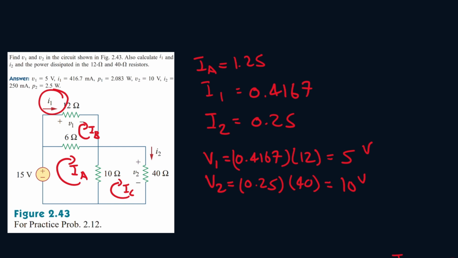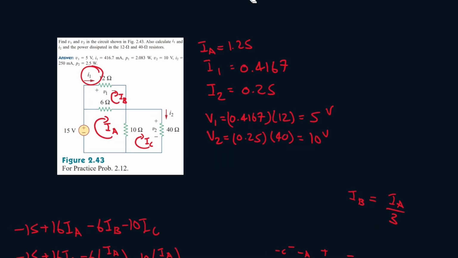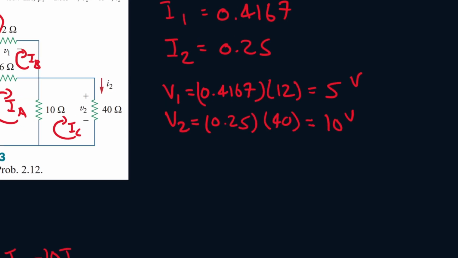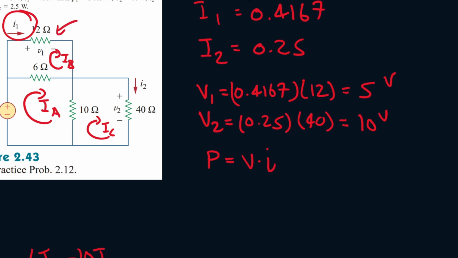Okay? Now we have to find the power that's been dissipated in those resistors. So the formula for power, hold on, let me erase all of this. Okay, the formula for power is power equals the voltage times the current. So for the power in this one, let's call it P1.